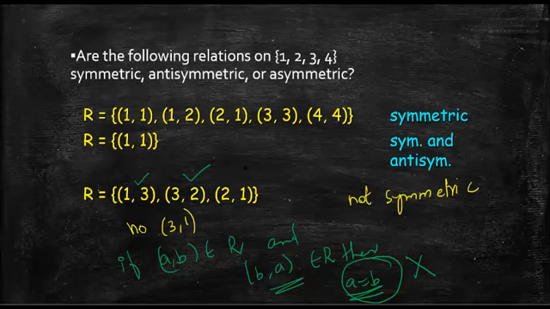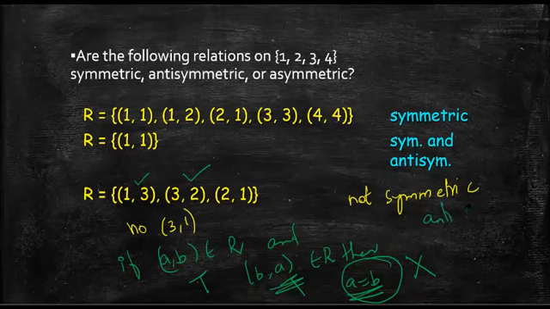Okay. Then the next one is 2 comma 1. We don't have 1 comma 2. We don't need to verify the A is equal to B condition, because if you remember the rule for conjunction, if both of them are true, then only your entire thing will be true. But here one of them is not present in the relation. So you don't need to check for A is equal to B. So this is actually antisymmetric.